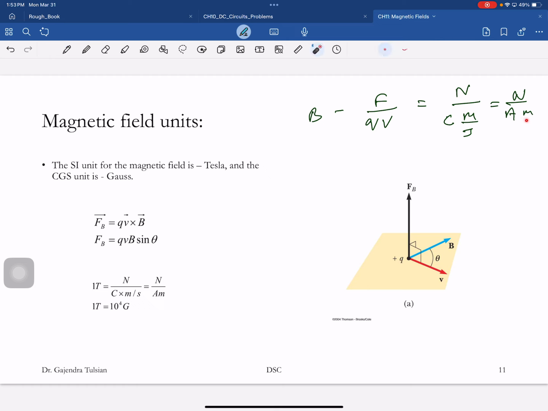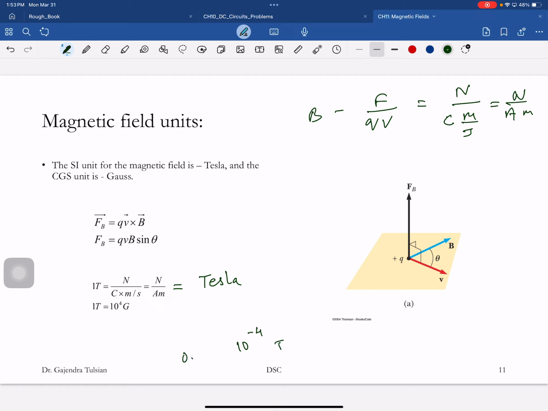And this combination of units is called a Tesla, after Mr. Tesla. A Tesla is a large field. The Earth's magnetic field happens to be about 10 to the minus 4 Tesla.